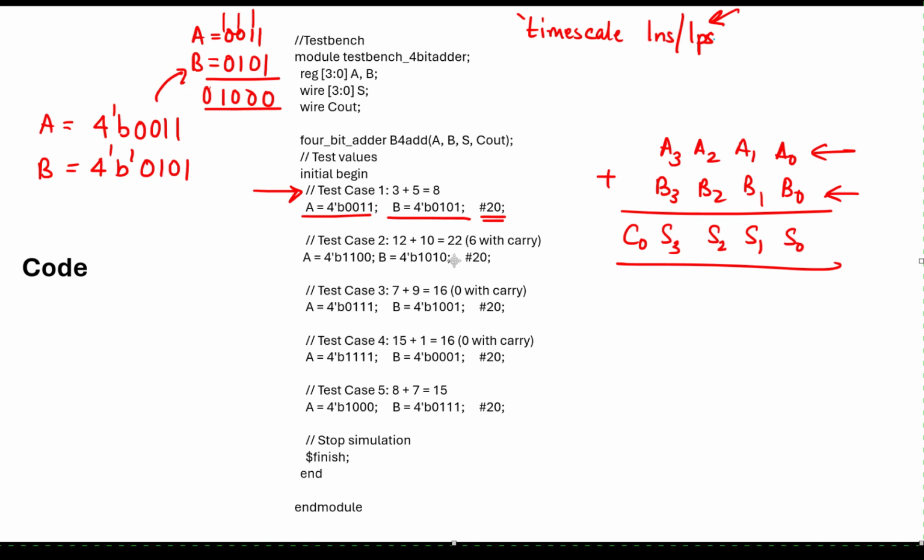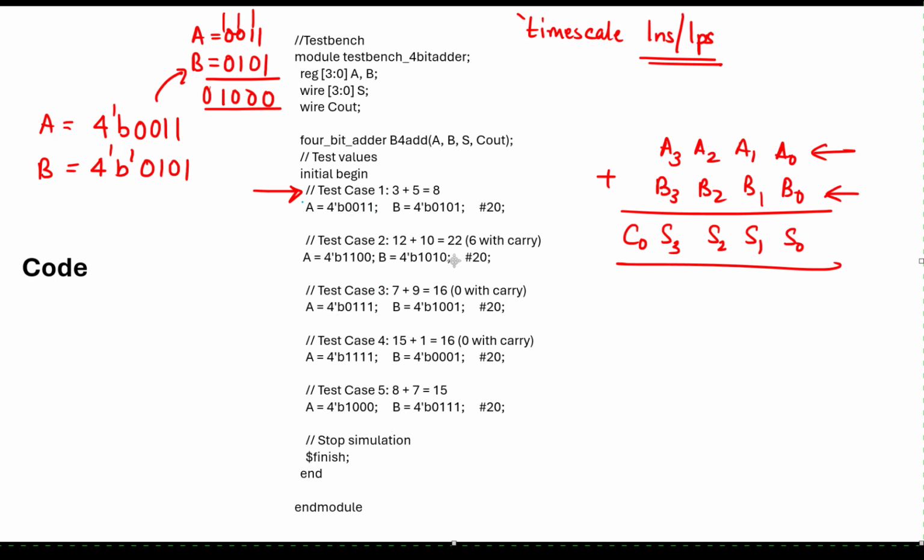So when you say #20, it means wait for 20 nanoseconds. Like this, take several cases. In some cases you should get carry out as 1, in some cases carry out as 0. Then you finish and end this module.